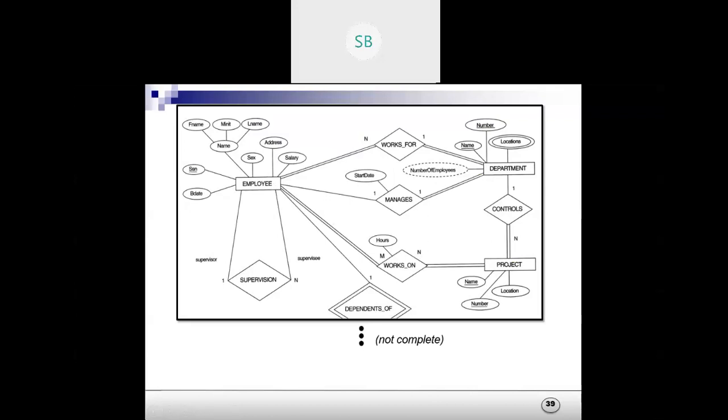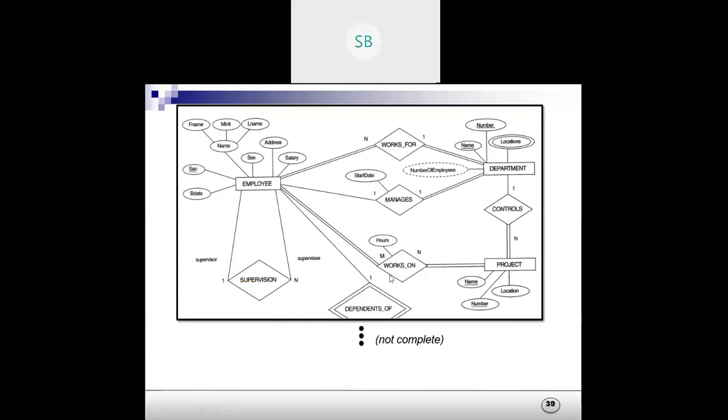Someone may have joined the department as a normal faculty. Later, after some years, he has been promoted as head of the department. Then the head of the department will manage the department, and the date at which he starts managing the department is the attribute of the manages relationship.